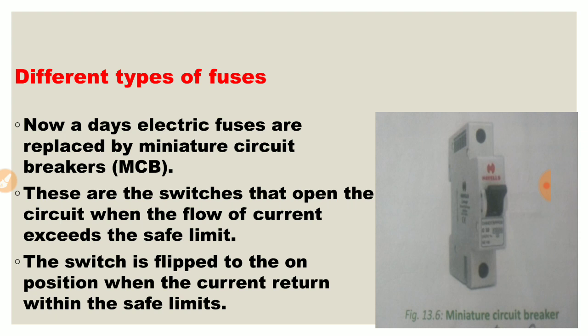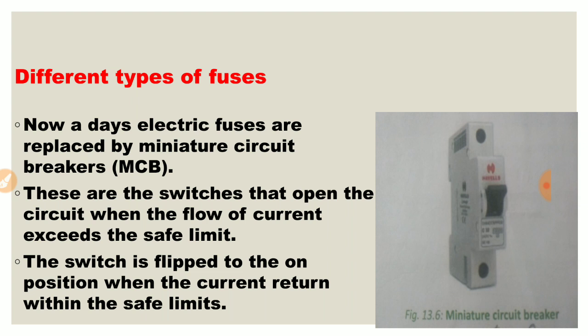Next, these days, we use different types of fuses. Now, the electrical fuses are replaced by MCB. Here is the picture of MCB. MCB means miniature circuit breaker. These are just like switches that open the circuit.